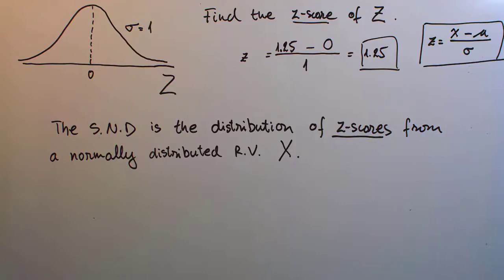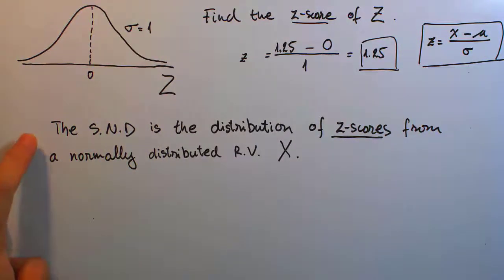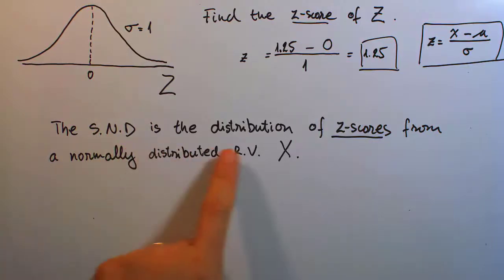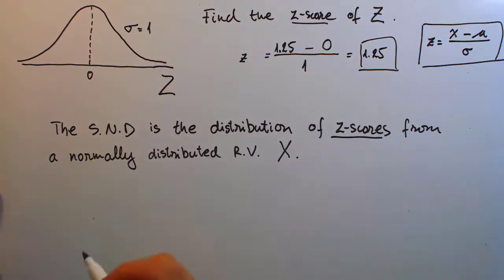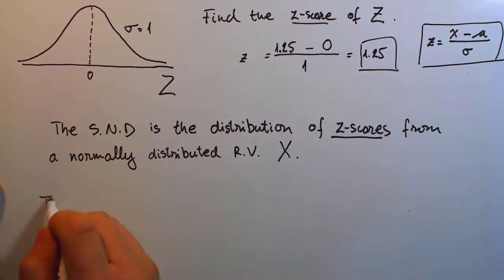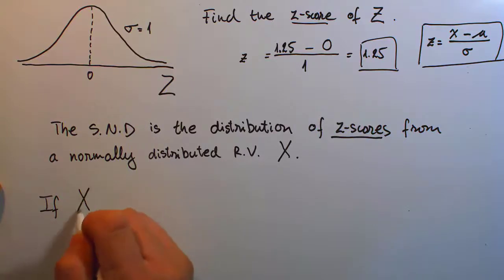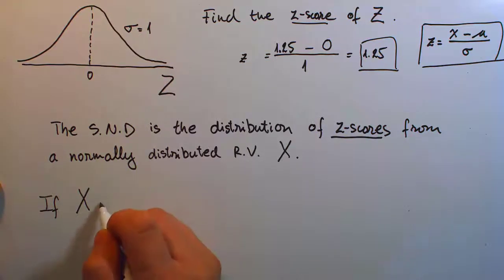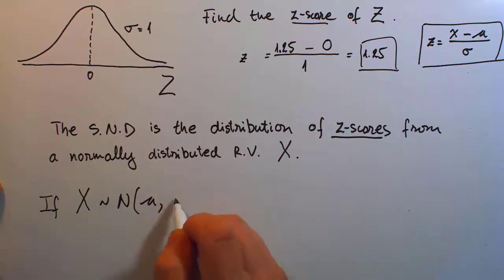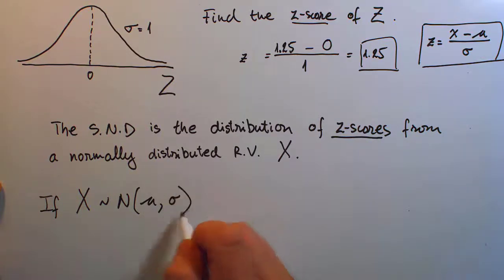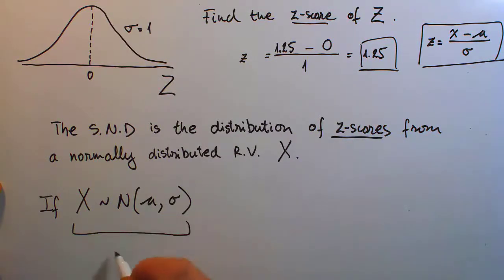And so taking from that understanding, then back to the statement that I wrote earlier, the standard normal distribution is the distribution of z-scores from a normally distributed random variable x. What this statement means is that if some random variable x is known to be normally distributed with some mean mu and standard deviation sigma, so this is known.